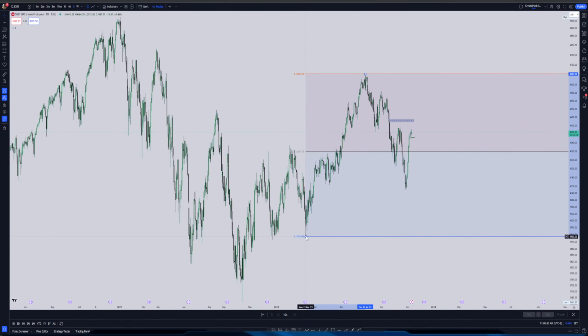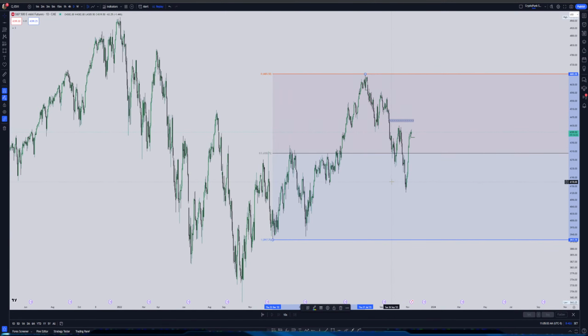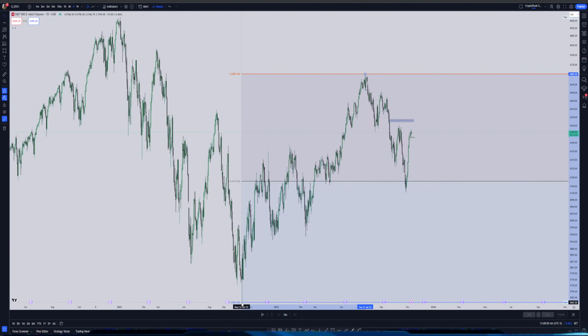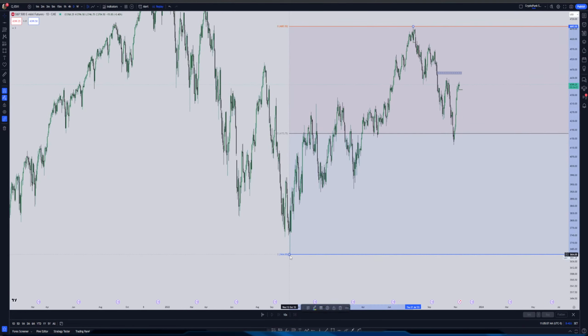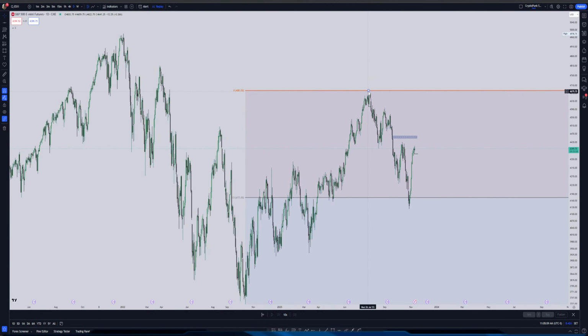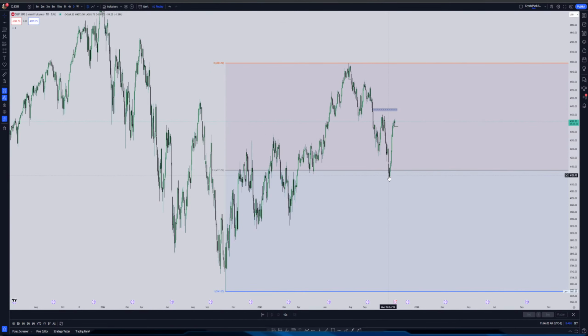Even if you want to take this, it came into the discount. You want to take this low, like the lowest point that price came to, to the highest point it reached during this upward move, still it came into the discount, and then it's reversing. So I'm not expecting a straight away downwards move for this sort of liquidity or this sort of liquidity.